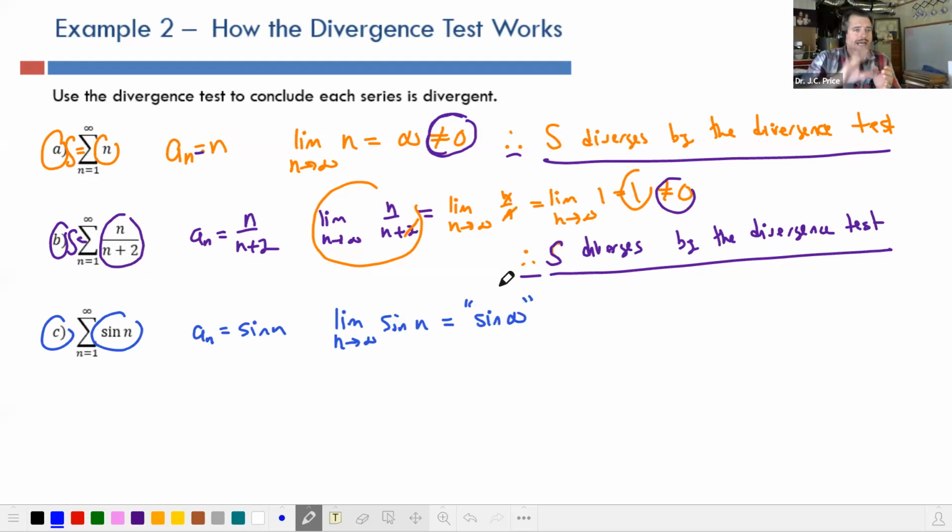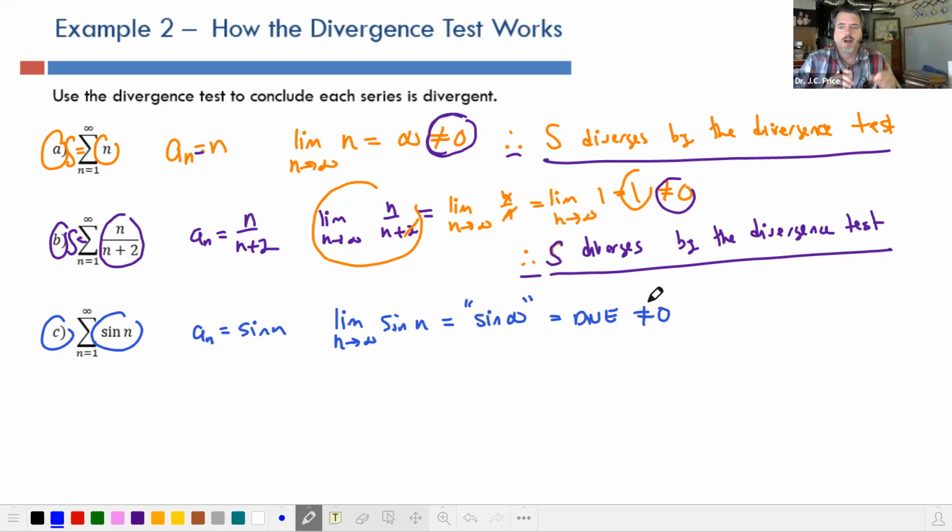It just goes up and down always. It never settles down on a number. It never gets closer to a number. It's just going up and down between -1 and +1. And so that means that this limit does not exist. So it cannot equal 0. So that's our premise. I think I said assumption before. I meant premise.